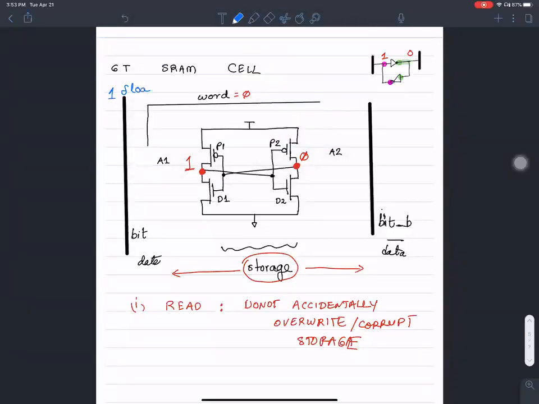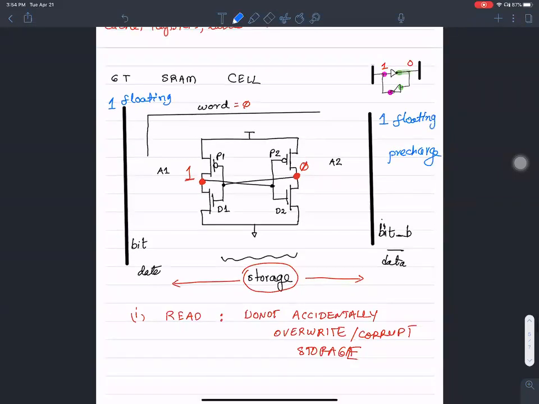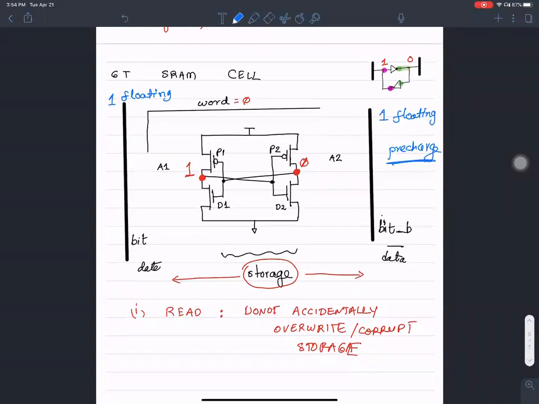Then I put a value of 1 on the lines, floating. I pre-charge them. I'm not driving them. What we want to understand is that we are floating them high. We charge them to a value of 1 and then take the power supply off.